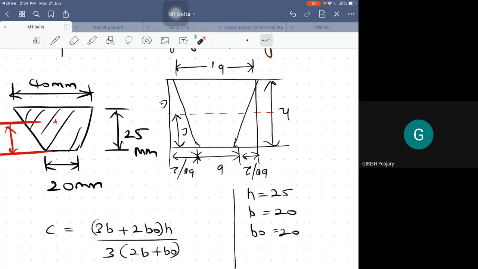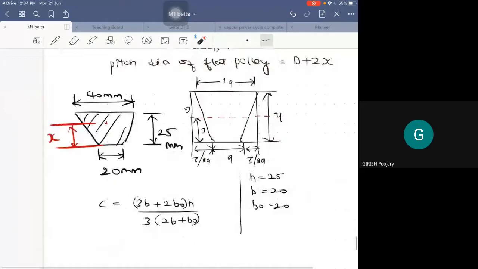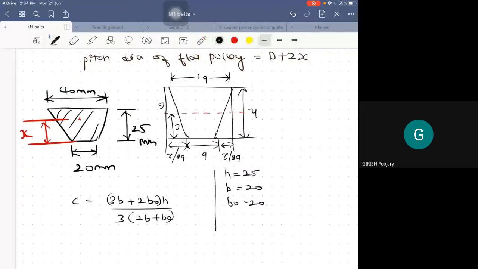So B naught is 20 over there. Now, fine. Now you substitute all the stuff, whatever you have done. So 3 times of 20 plus 2 times of 20 into H is 25 divided by 3 times of 2 times of B, again 20 plus 20.